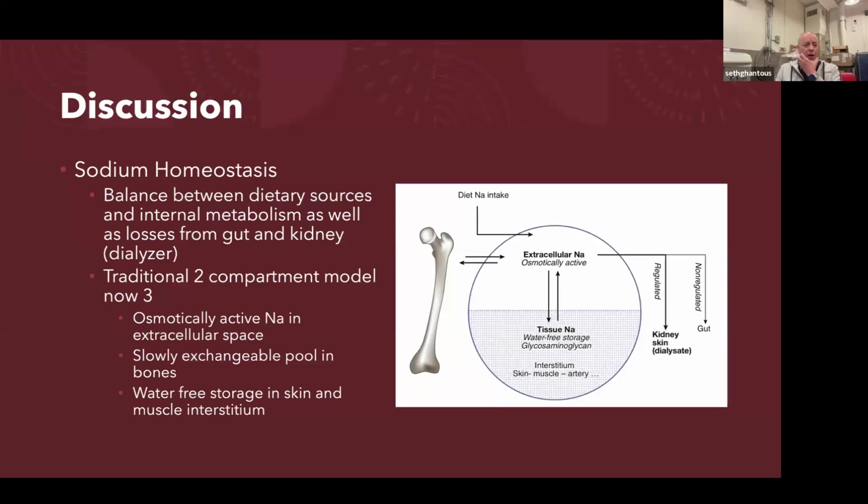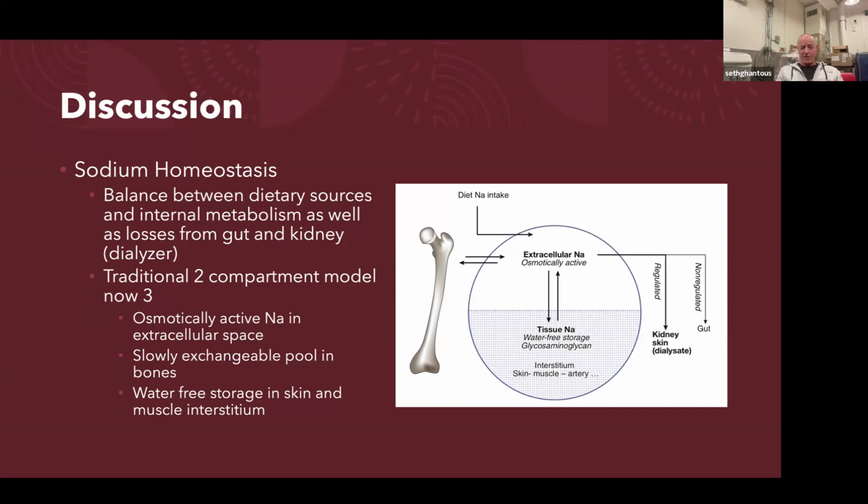Interesting, the concept of sodium homeostasis. There's a balance between dietary sources and internal metabolism, as well as losses from either the gut, kidney, or the hemodialyzer. Traditionally, we were all taught this two-compartmental model of sodium, which has now been replaced by one that describes three, where there are storages of sodium in the skin and muscle interstitium that is free of water and osmotically inactive.